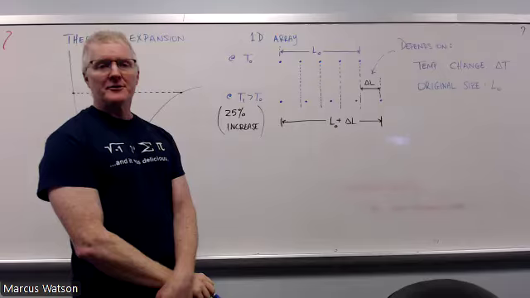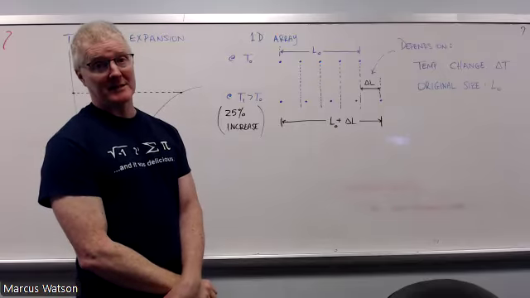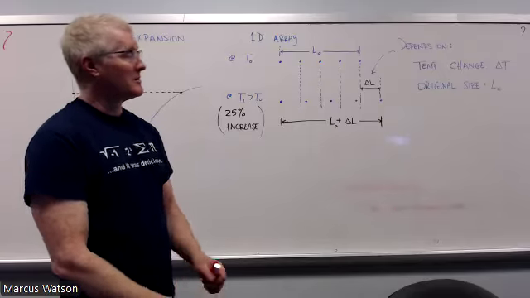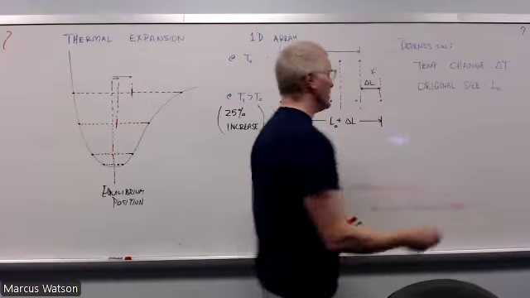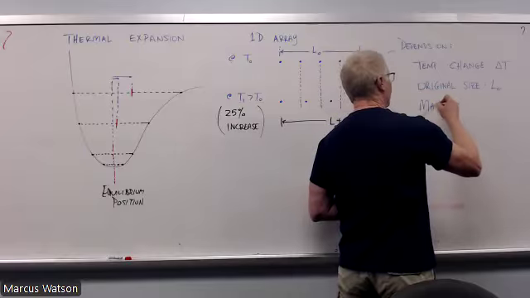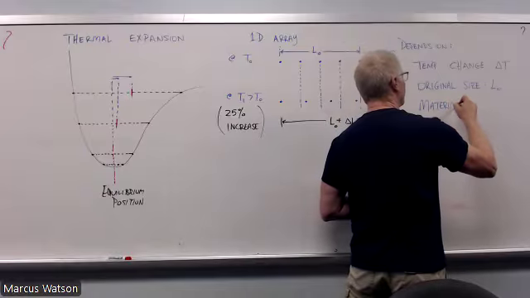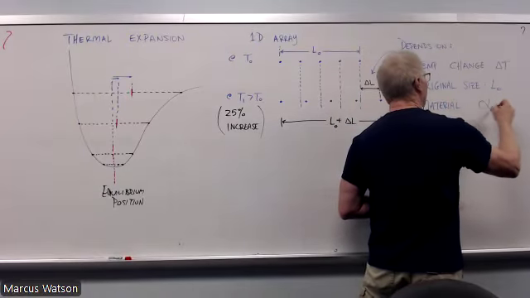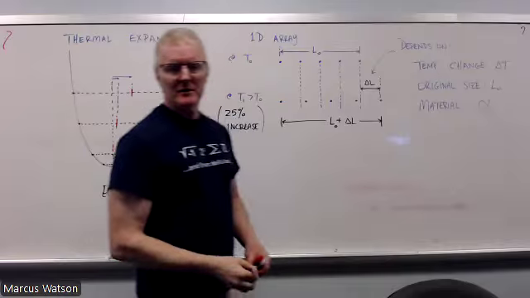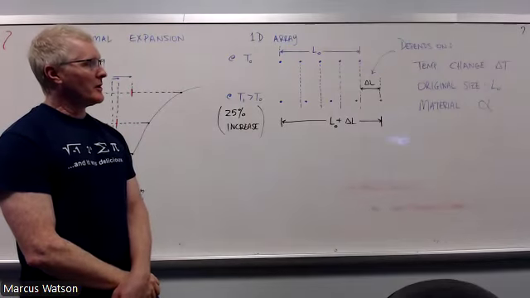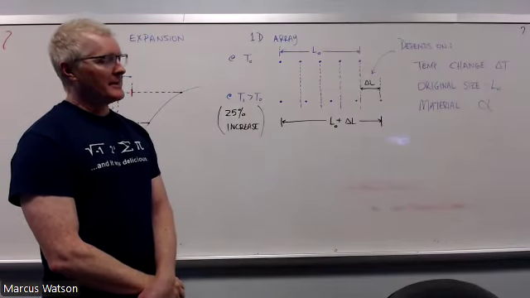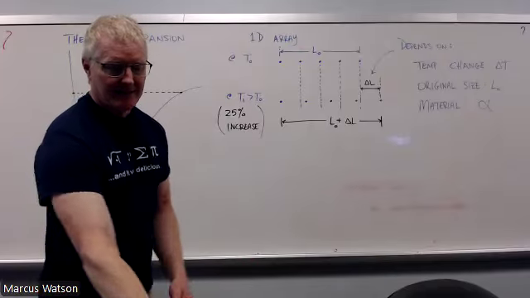And it turns out that different materials expand at different rates. So there's a material dependent, say, coefficient in here. It depends on what the material is. We'll just call it alpha. In other words, brass, right?